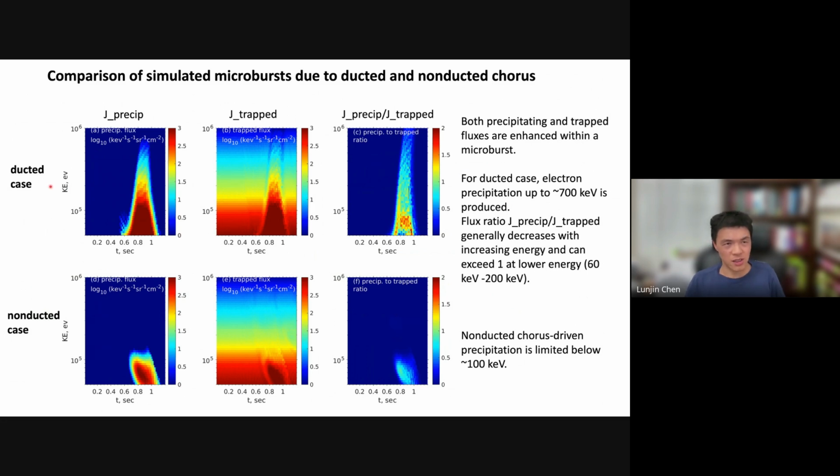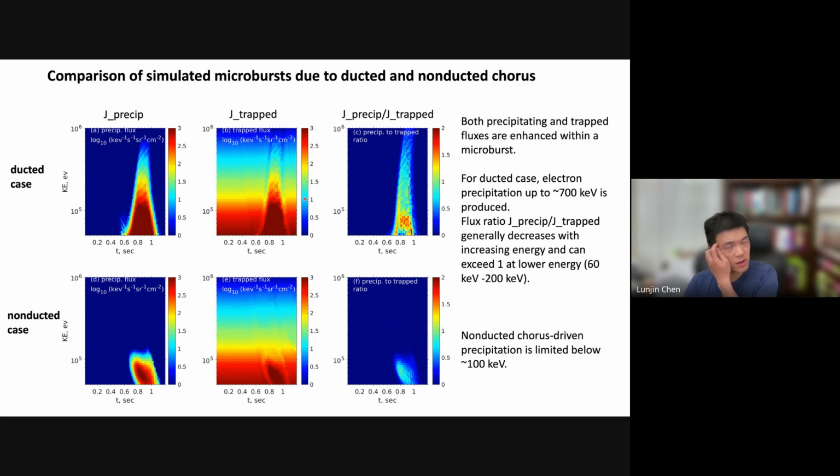So here's the ducted case and the non-ducted case, and I put the virtual detector at the location of the ELFIN satellite, so at a very low altitude, 500 kilometers or so. This is the precipitation flux for the ducted case as a function of energy and time over 1 second, also trapped flux, energy and time, and the ratio between them. And the bottom line is also the non-ducted case, in the same format: precipitation flux, trapped flux, and flux ratio.